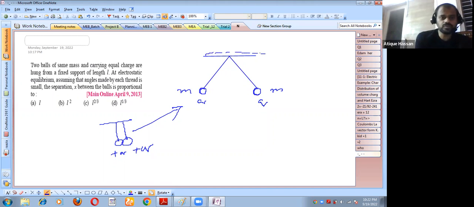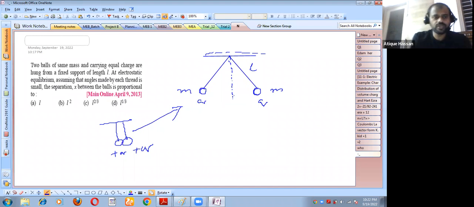Now string length is L at electrostatic equilibrium. So what will happen is when they move apart, there is tension developed in the string which will also start to act. Because of that, at some point of time they will become stationary, or in equilibrium.